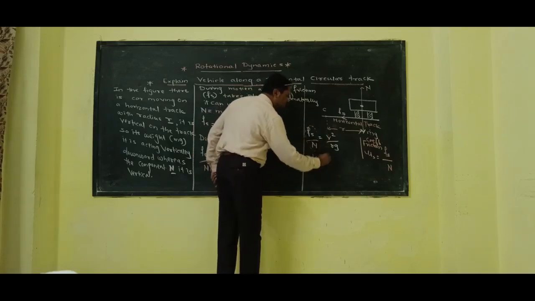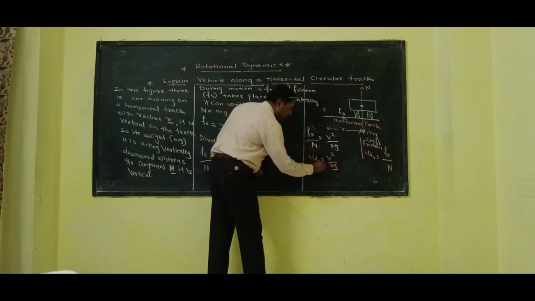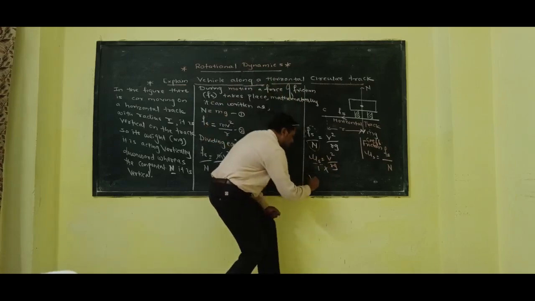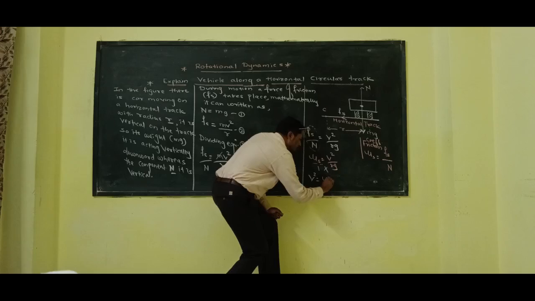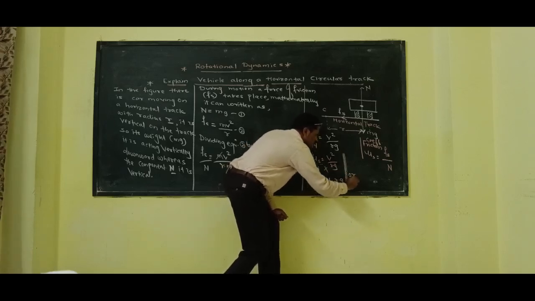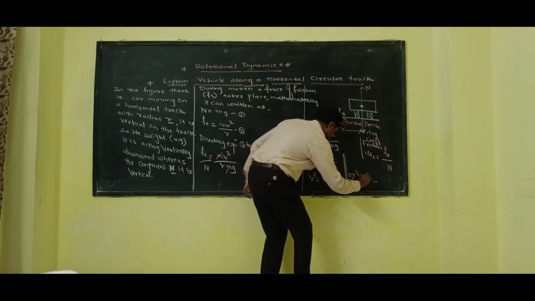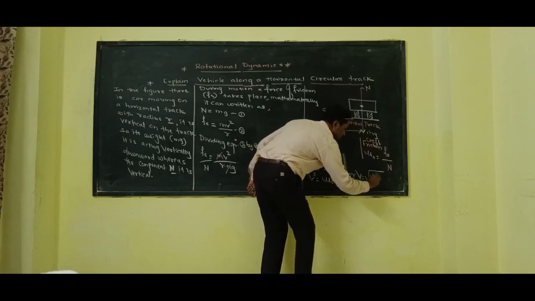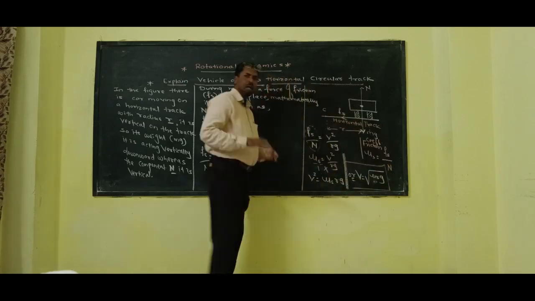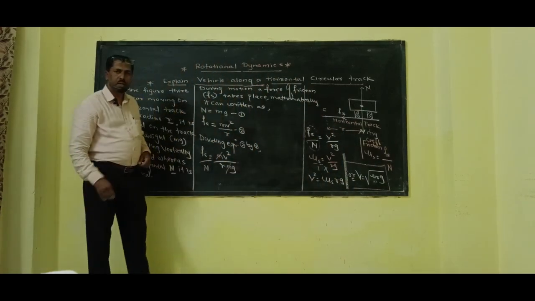So mu s is equal to v square upon rg. Taking cross product, we get v square is equal to mu s rg, or it can also be written as v is equal to under root mu s rg. So this is the general formula for a vehicle moving along a horizontal circular track.